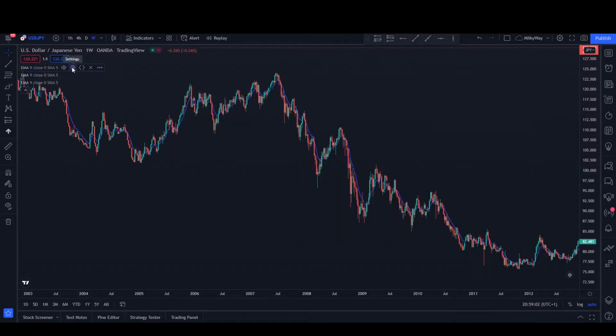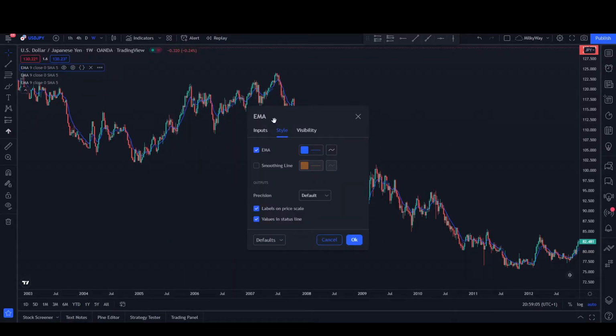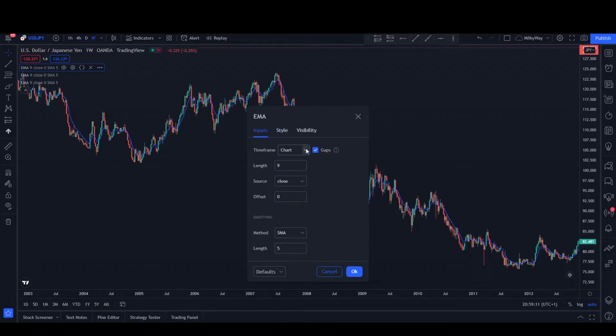and then change the settings. So the first EMA, which is the 9 EMA, we can leave it in blue and leave the same settings. We're just going to change the method to EMA.